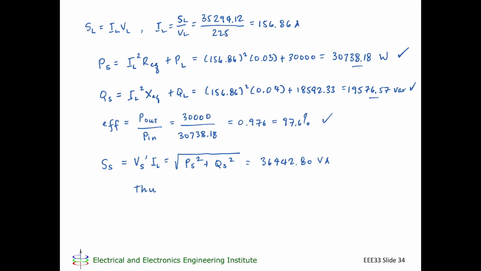Thus, V_S prime will be equal to S_S over I_L, which is 36442.80 divided by 156.86, and I'm going to get 232.32 volts.